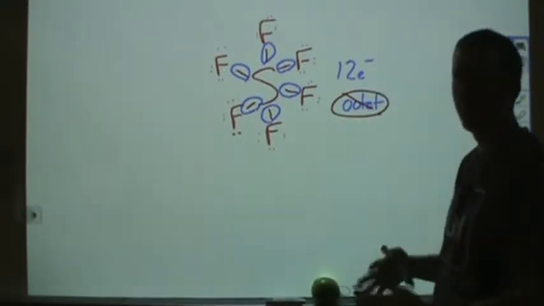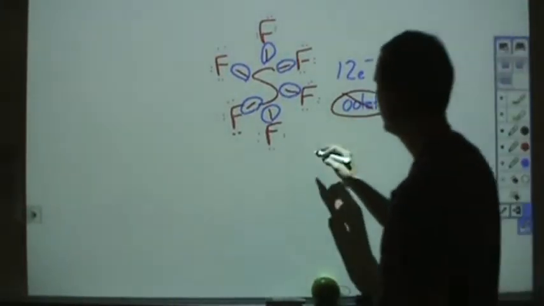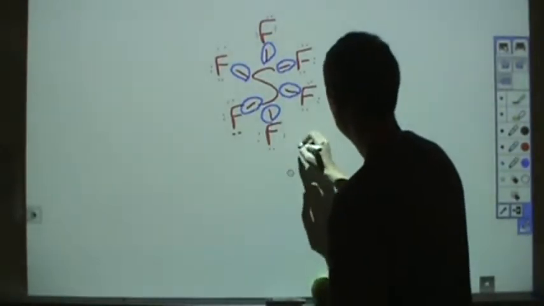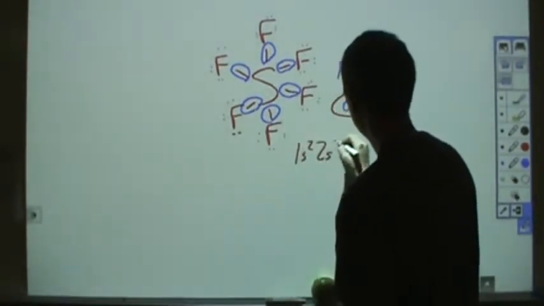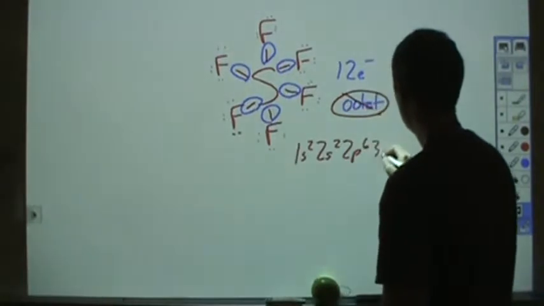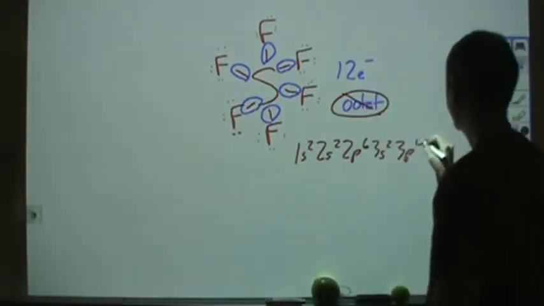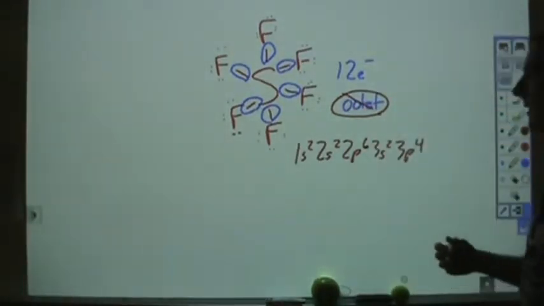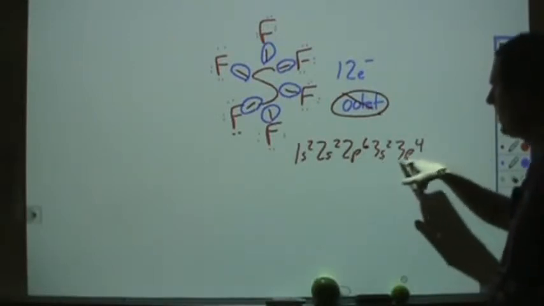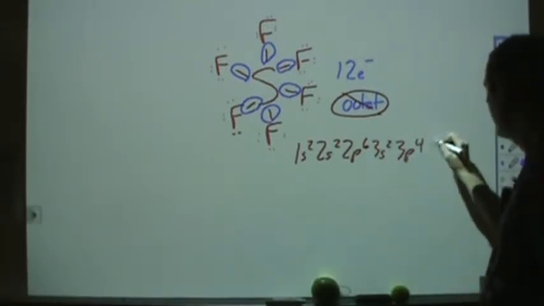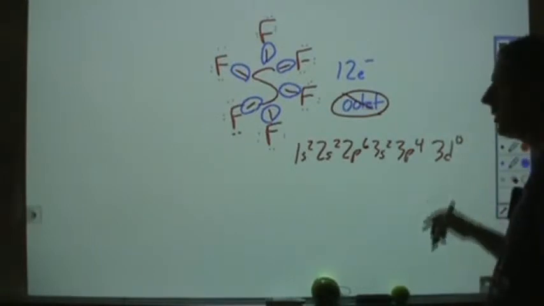Now what's the difference with sulfur and something else? Well, sulfur, if we look at its electron configuration, is 1s2, 2s2, 2p6, 3s2, 3p4. And what that implies is that very close to these orbitals, there's an empty set of 3d orbitals.